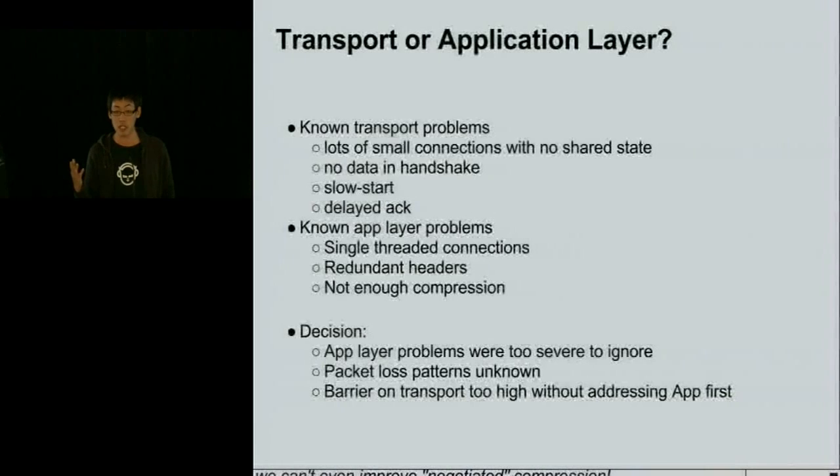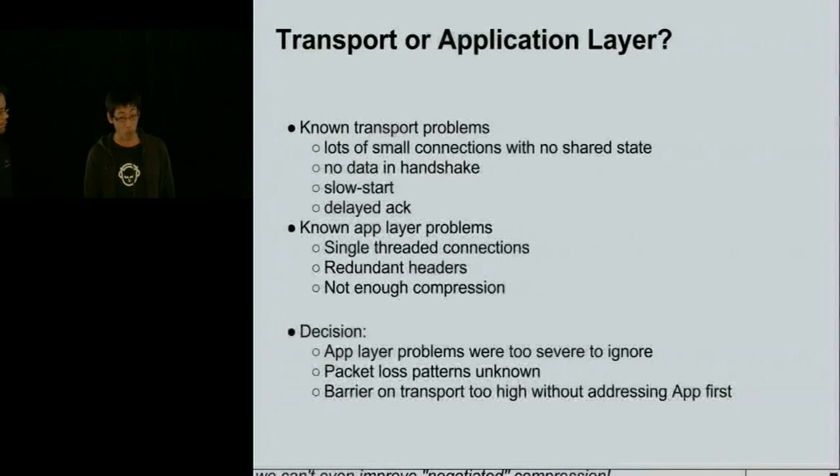You're not allowed to send data out with your TCP SYN. Actually, you are, but it doesn't really work on the internet yet. There are lots of problems with it. There's slow start. There's delayed ACKs. These are all things that cause latency for web pages.